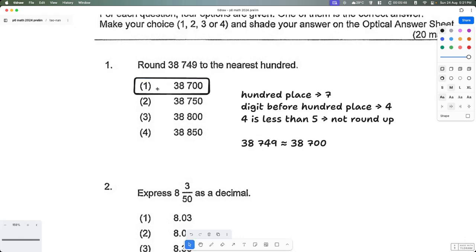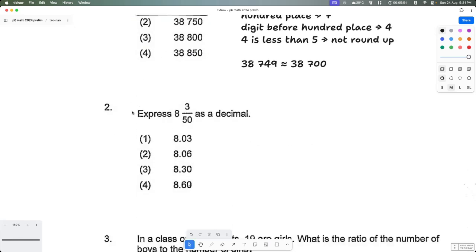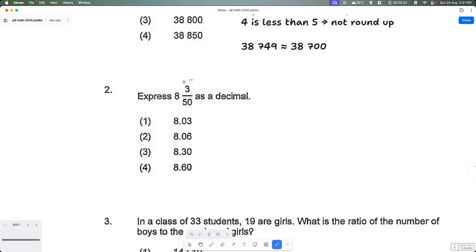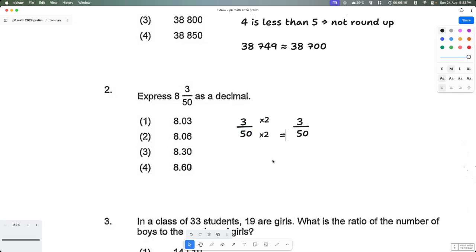Let's move on to question number 2. It says here, express 3 out of 50 as a decimal. So we just put 3 out of 50 first. We can multiply this by 2, for both the denominator and the numerator. The reason is because we want to get this number to be out of 100.